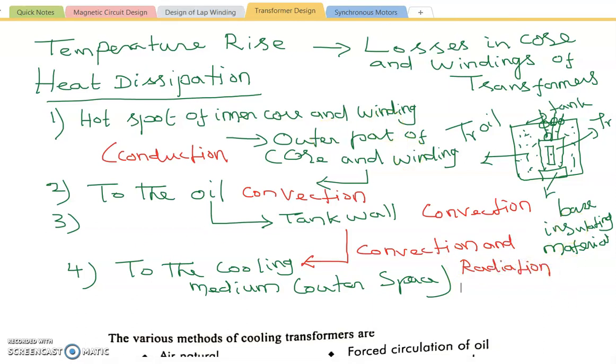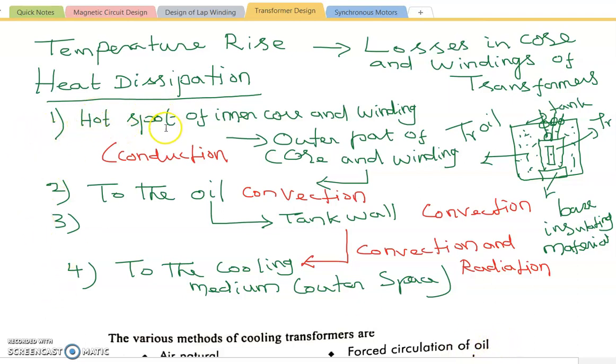So this is how the temperature rise due to the losses developed in the core and winding of the transformer increases the heat of the transformer oil, and that heat has to be dissipated out. That takes place in 4 stages.